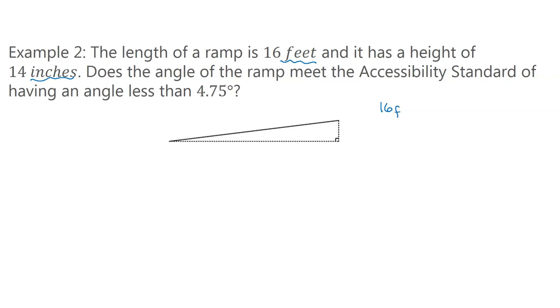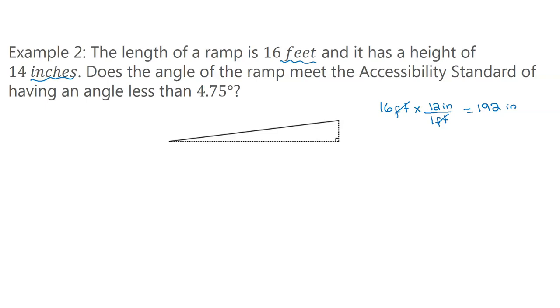Now I know that there's 12 inches in 1 foot. So when I convert, I'll put 1 foot down here and 12 inches up here so that the feet can cancel. Now I need to multiply 16 by 12, and that is 192.